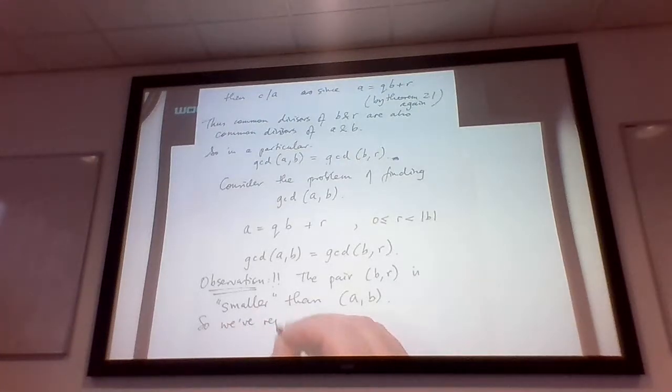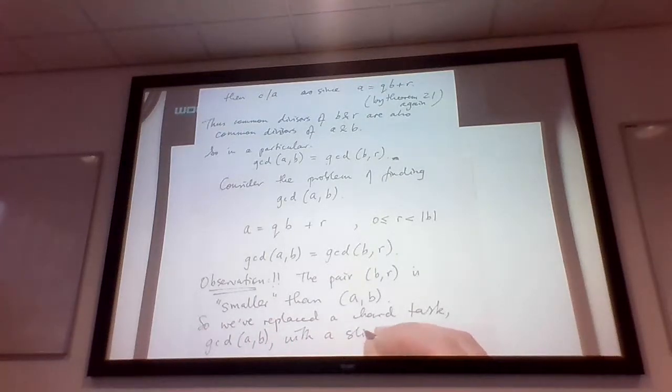So we've replaced a hard task, i.e. finding the greatest common divisor of A and B, with a slightly easier one, namely finding the GCD of B and R.